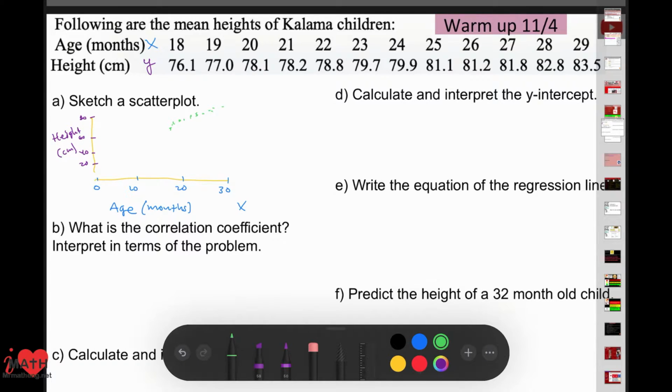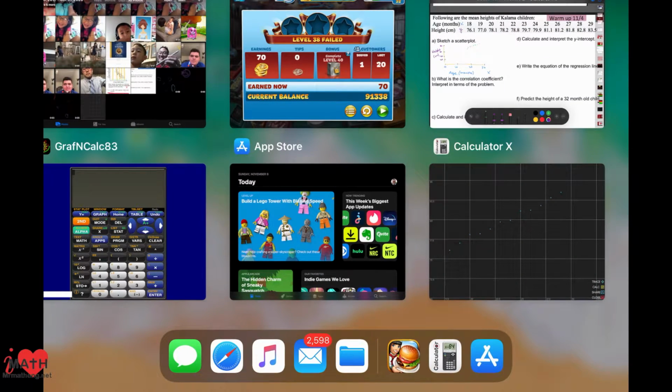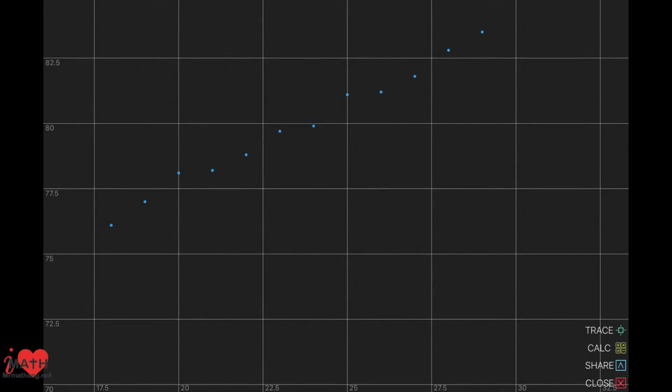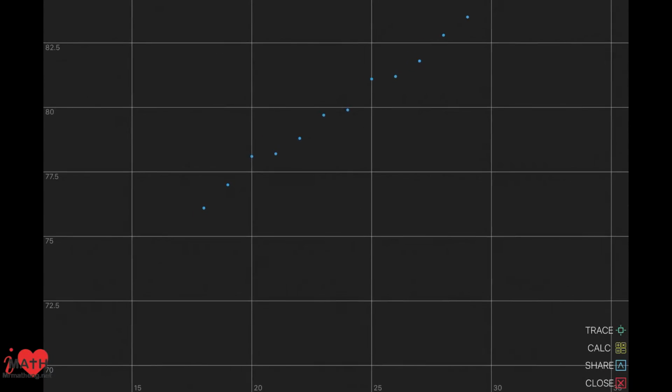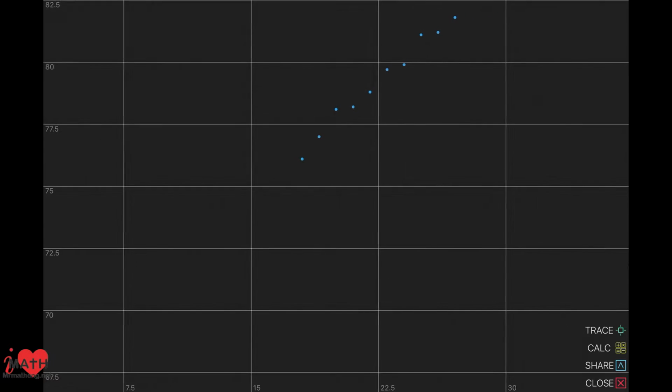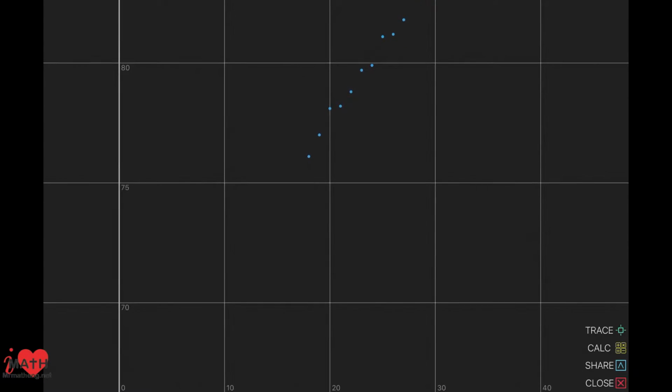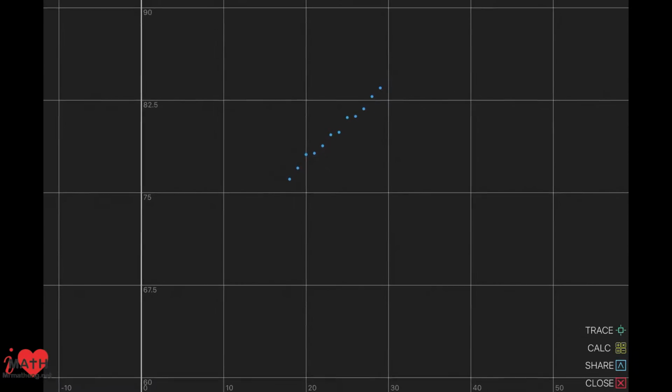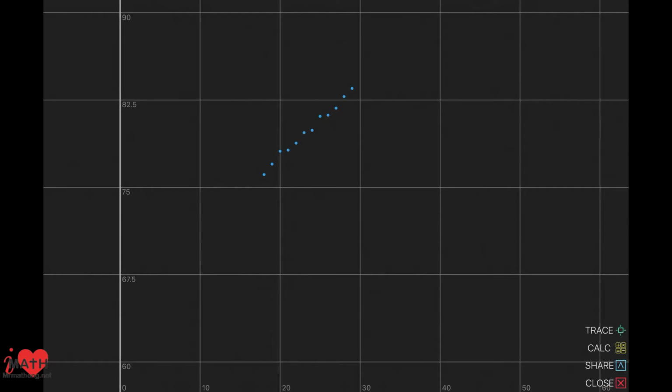And then if you actually use technology, I use this new calculator called Calculator X because I had some issues with getting the points on there. This is what my graph looks like. Again, you'll notice my x-axis, you can always manipulate data, right? There's a big gap.